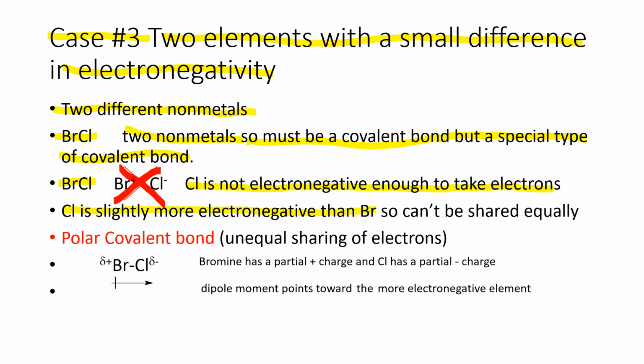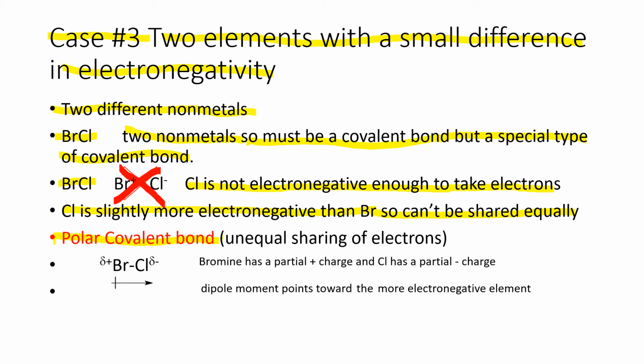So what that also means is we can't be in the situation we saw in the previous example where these electrons were equally shared, because chlorine does want the electrons more than the bromine. So they also can't be equally shared. So we kind of have a new situation here. And this new situation is what we call a polar covalent bond.